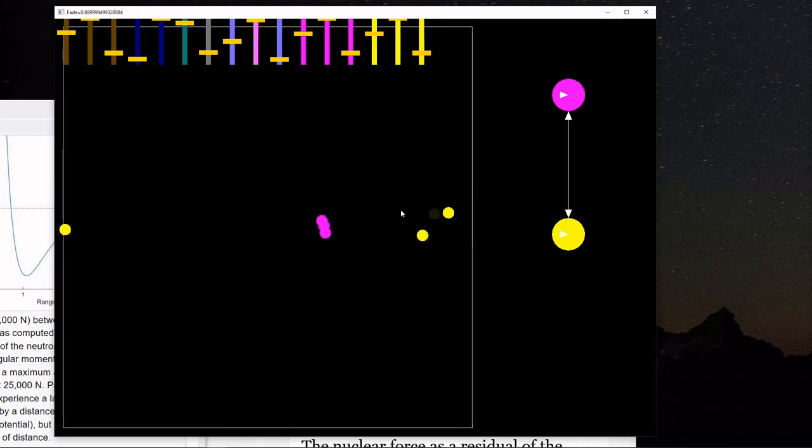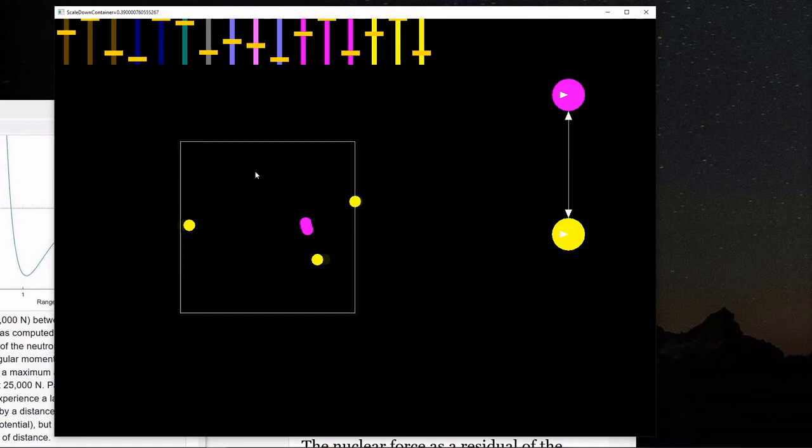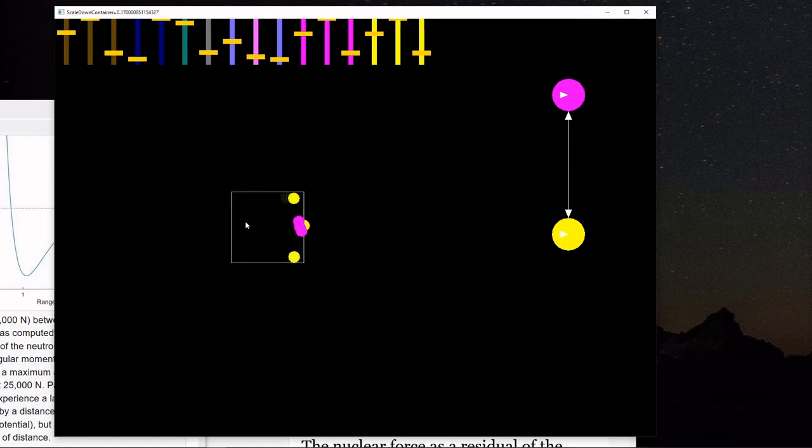I guess he comes back, so maybe it's an unstable orbit here. That's what's going on. Yeah, again, the amount of energy for this container is just too small. So let me stop, reduce the energy, start back up.